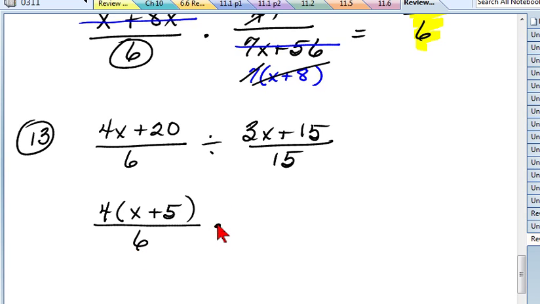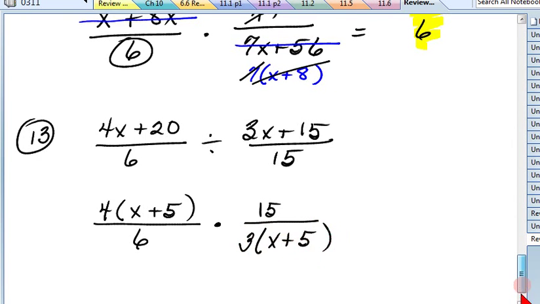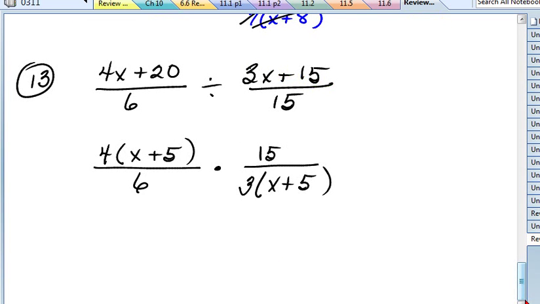Change to multiplication. Flip the second fraction. So the 15 goes on top. On the bottom, I'm going to go ahead and factor 3 parentheses x plus 5. Okay, what do you see that I can divide out? The x plus 5s.